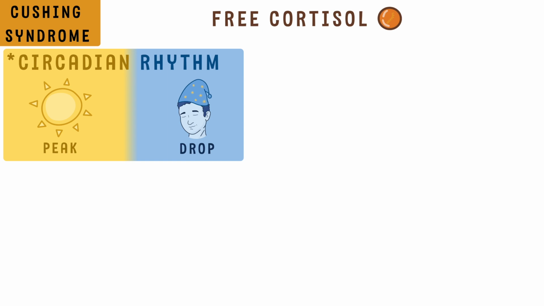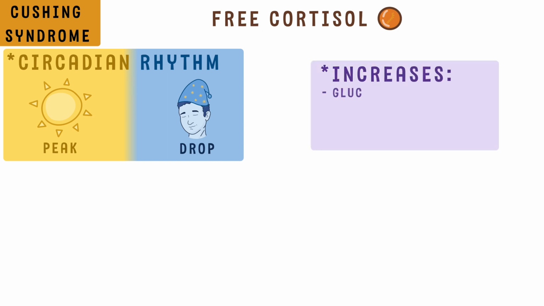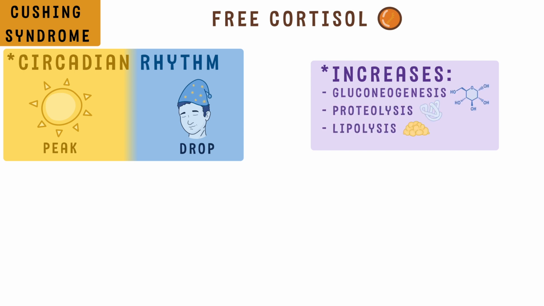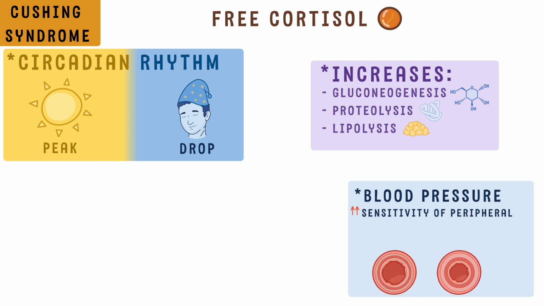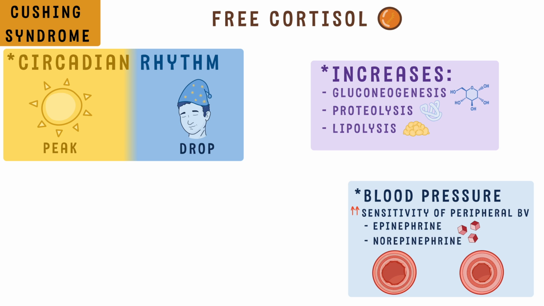In times of stress, the body needs to have plenty of energy substances around, so cortisol increases gluconeogenesis, which is the synthesis of new glucose molecules, proteolysis, which is the breakdown of protein, and lipolysis, which is the breakdown of fat. Cortisol also helps to maintain the blood pressure by increasing the sensitivity of peripheral blood vessels to catecholamines, epinephrine and norepinephrine, and this narrows the blood vessel lumen.